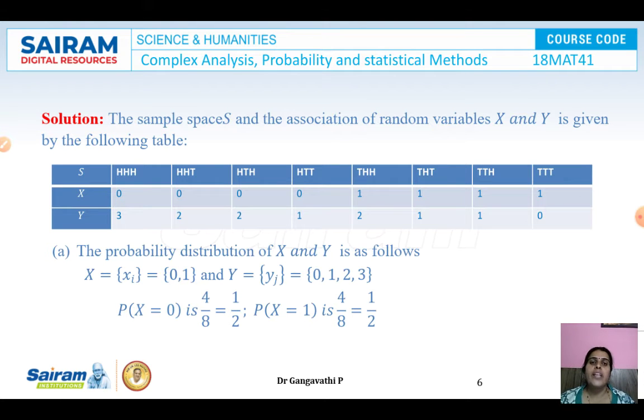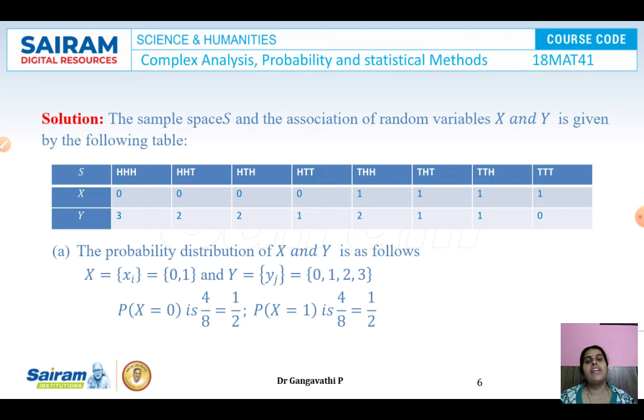When a coin has been tossed 3 times, there is a chance that we may get heads in all 3 tosses, and there is a chance of 2 heads and 1 tail. Head, head, tail; head, tail, head; head, tail, tail; tail, head, head; tail, head, tail; tail, tail, head; and all 3 tails. So these are the possible outcomes.